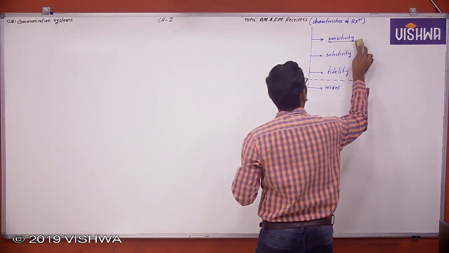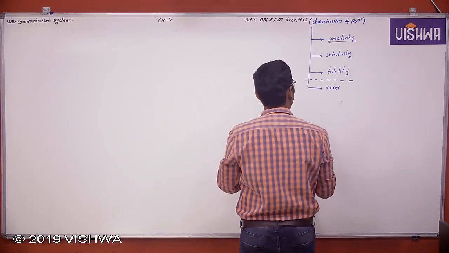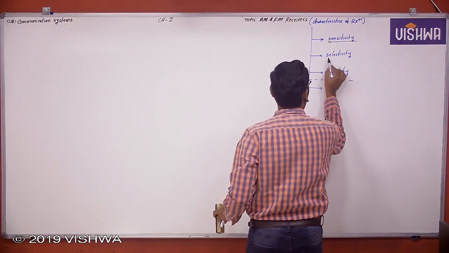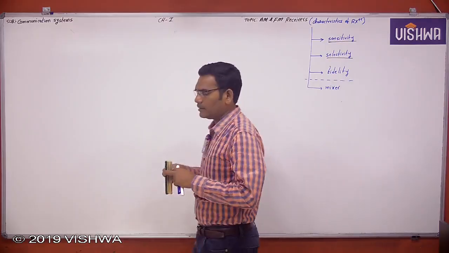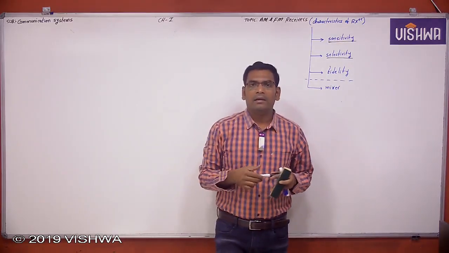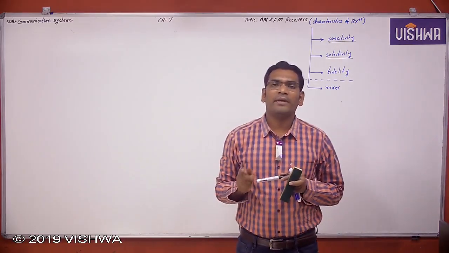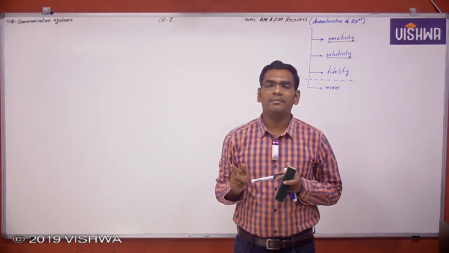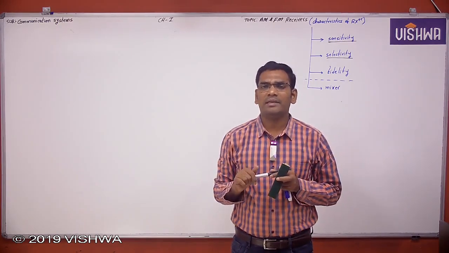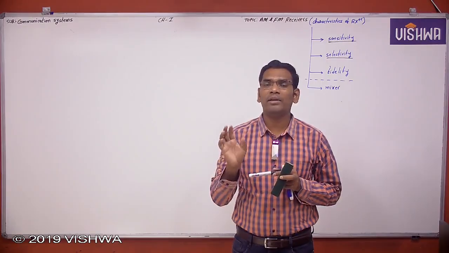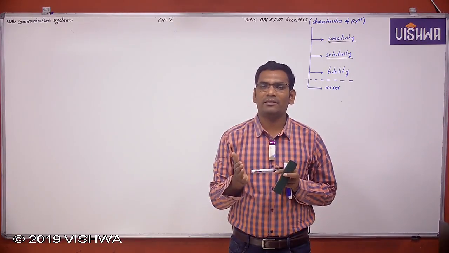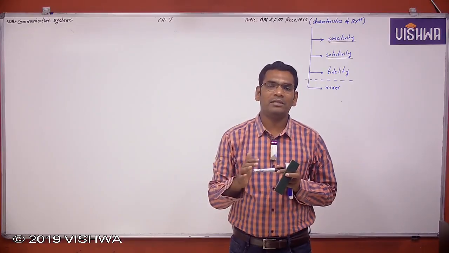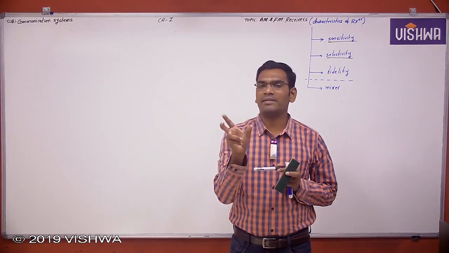Next one is selectivity. Now this, I think you are familiar with. The first block of any receiver, now what is the output of the transmitter? The output of the transmitter is a modulated signal. Is it right? A modulated signal means it has a carrier frequency, upper sideband, lower sideband, upper cutoff frequency, lower cutoff frequency, some pass band.